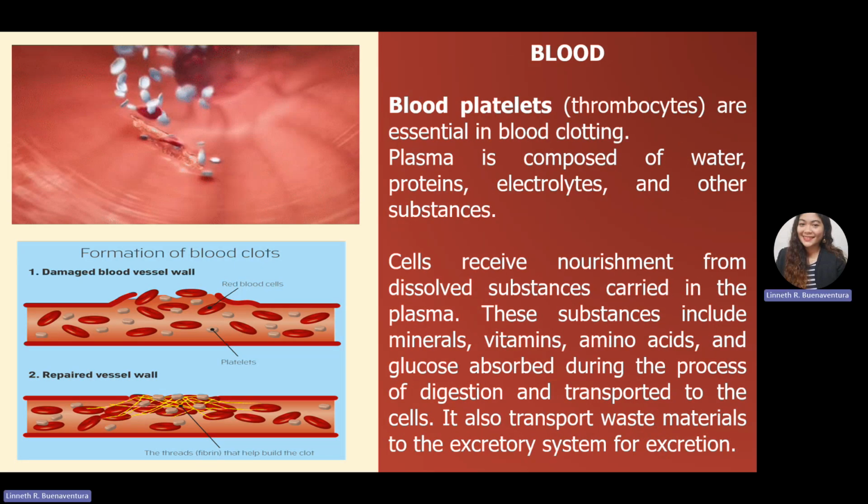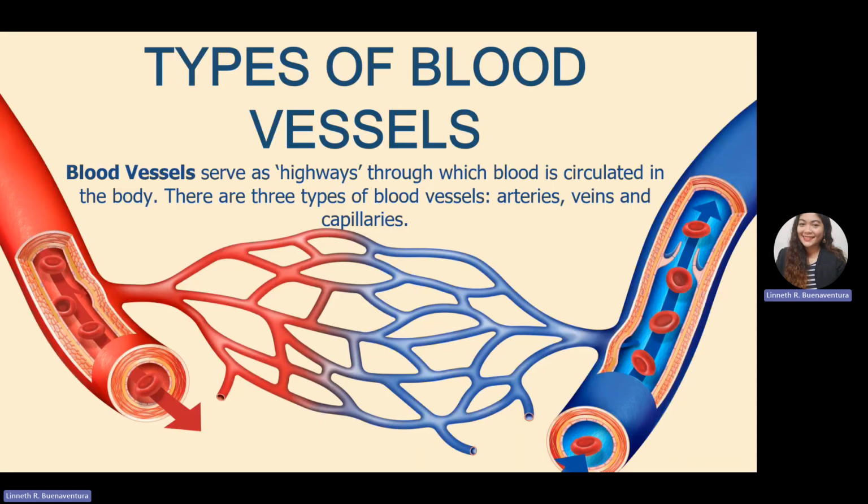These substances include minerals, vitamins, amino acids, and glucose, which are absorbed during the process of digestion, and it is transported to the cells. It can also transport waste materials to the excretory system for excretion.